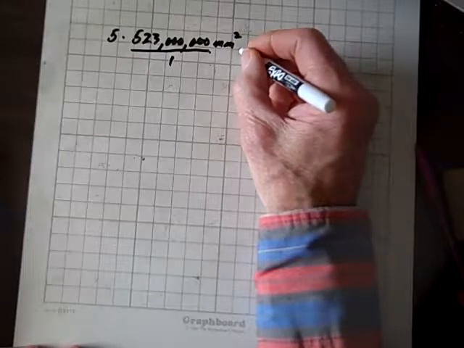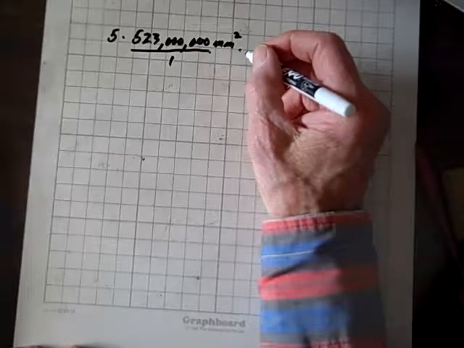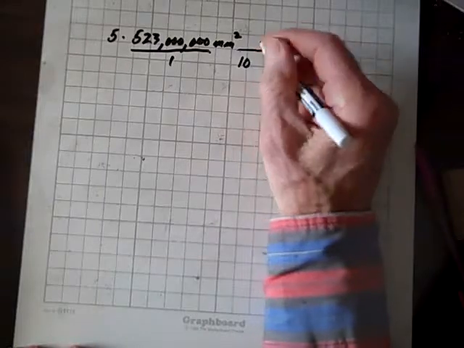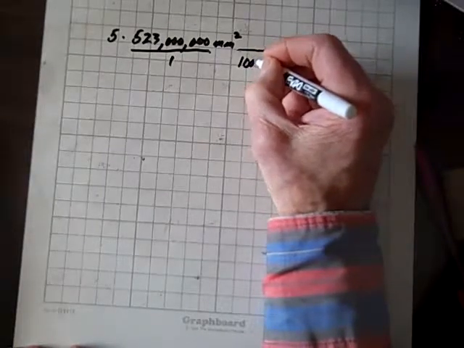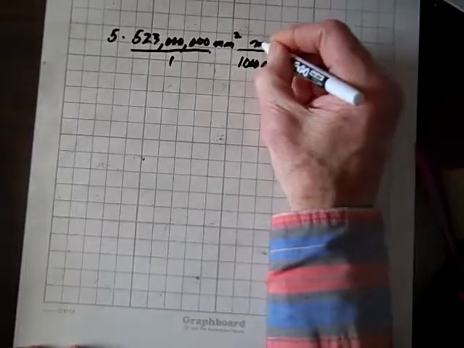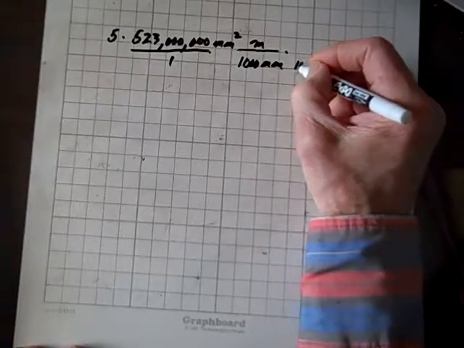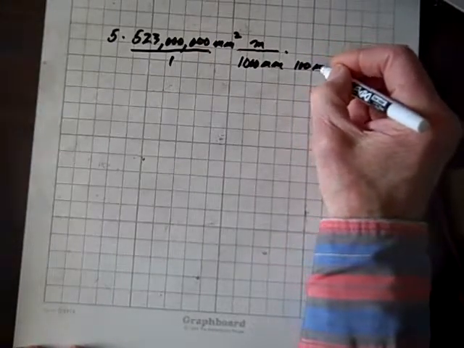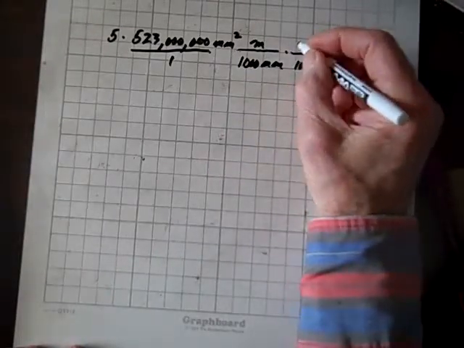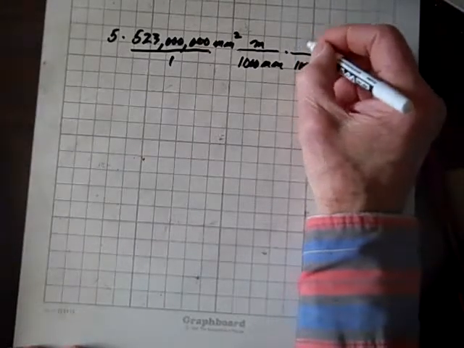Okay, well, let's convert the millimeters to meters. And we know there's 1,000 millimeters per meter. And now let's convert the meters to hectometers, and there's 100 meters per hectometer. HM.